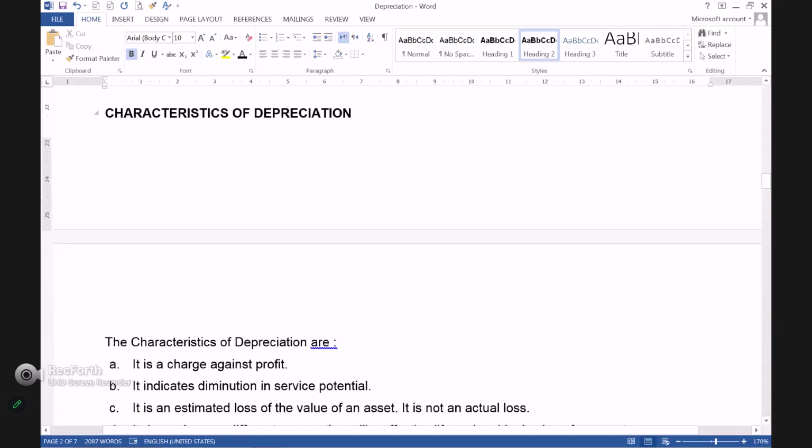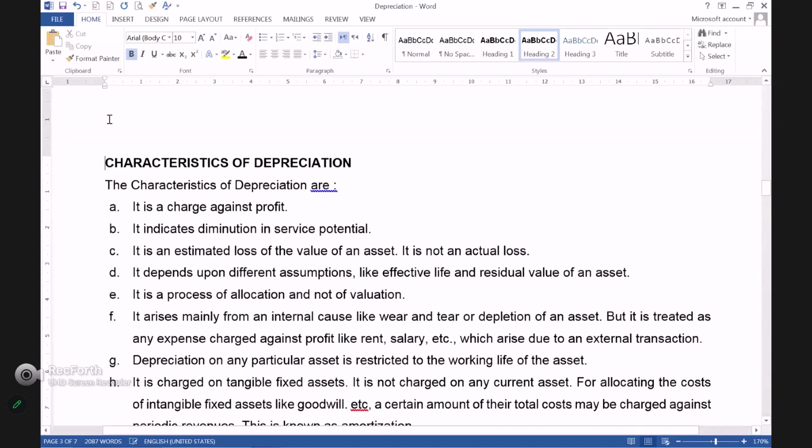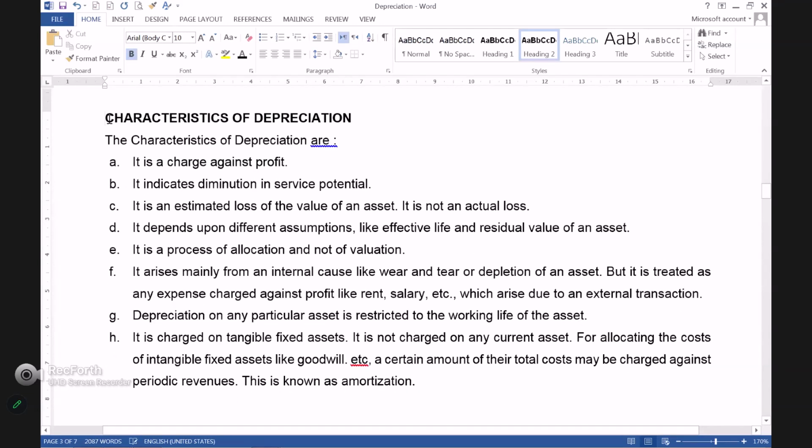The characteristics of depreciation. So depreciation is charged against the profit. Okay, charged against the profit. I think you already studied in corporate finance, the net present value. You have to consider the depreciation. The profit is already calculated against the depreciation. Against the depreciation means depreciation is deducted.